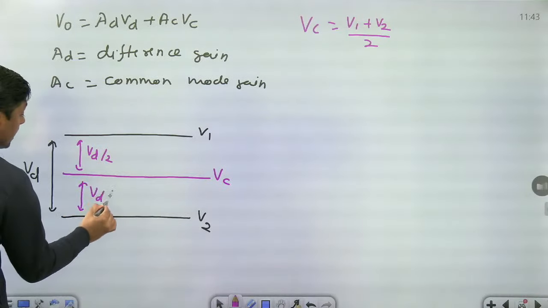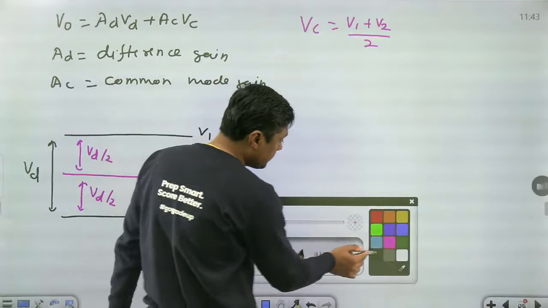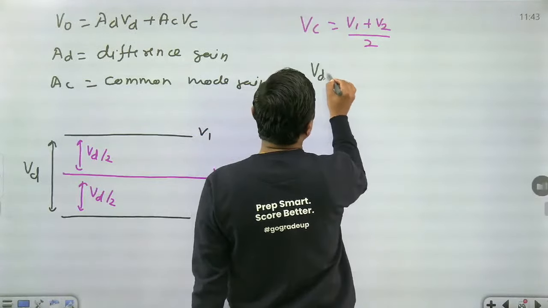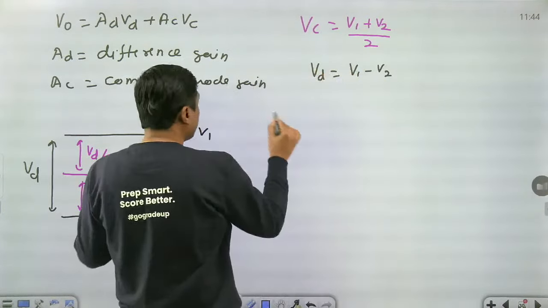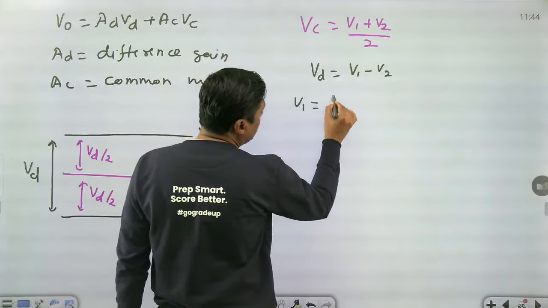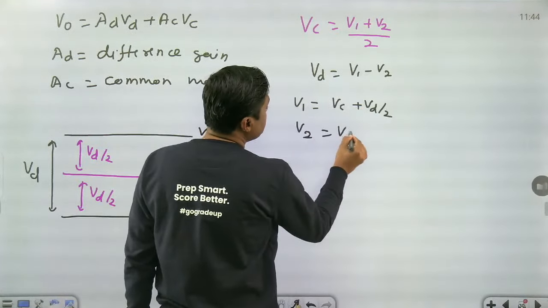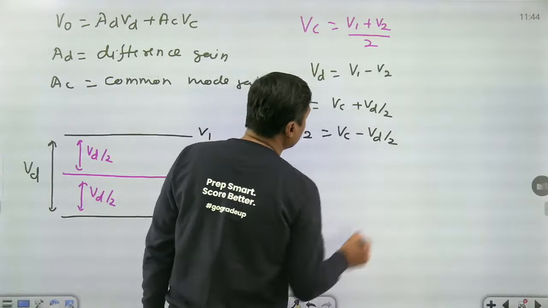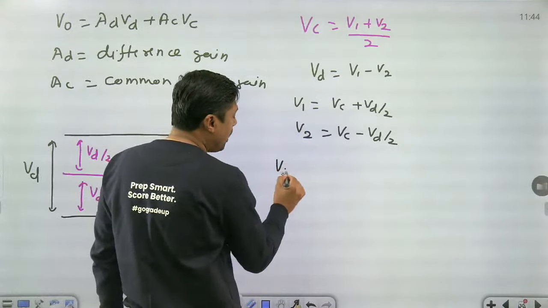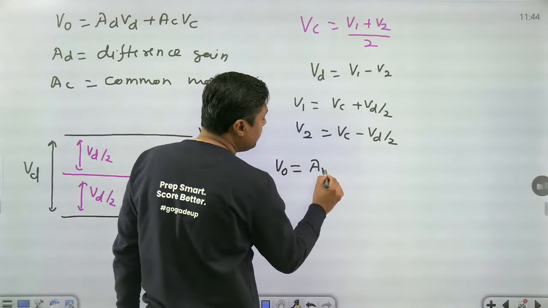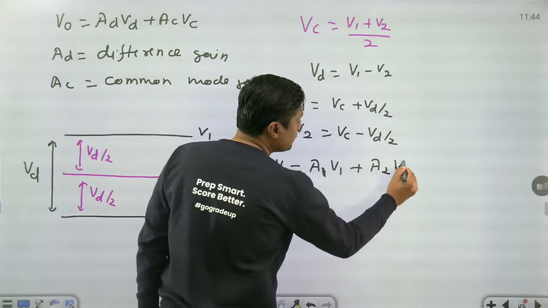Now sometimes they will ask a question like this. Always remember, this is a very basic concept. VD is equal to V1 minus V2. These are the two signals. Then we can write V1 equal to VC plus VD by 2, and V2 equal to VC minus VD by 2. These are the two formulas. And V0 is equal to A1 V1 plus A2 V2.